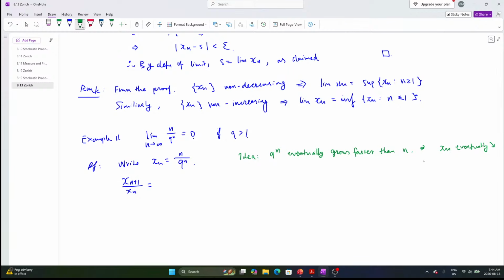So x_n will be eventually decreasing, that means eventually x_n will be greater than or equal to x_{n+1}. This is all we need. Equivalently, if you take the ratio, x_{n+1} over x_n is greater or equal to 1.